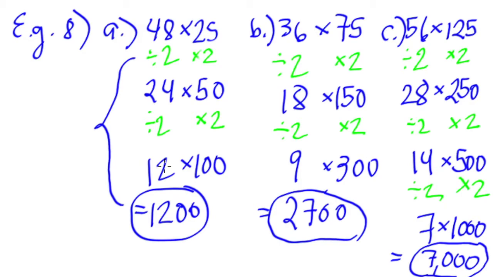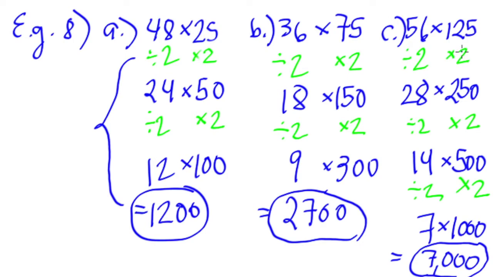So in such a way that: double this, half this, 12 times 100, 1200. Double this, 300, half this, 9, 9 times 300, 2700. Double this thrice, we'll have 1000. Half this thrice, what will you have? You'll have 7, and that's 7000.